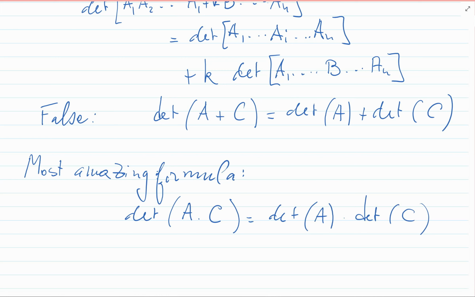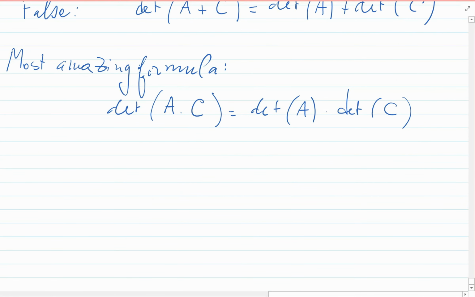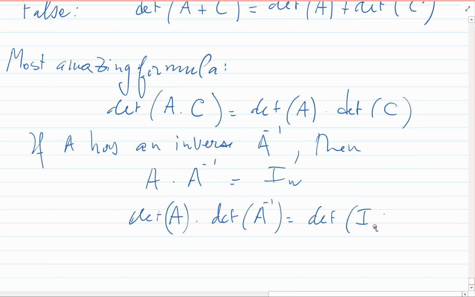Also, what we saw before, and we'll see it again here, is that if A has an inverse, A inverse, then what do we know? We know that A times A inverse gives us In, and therefore the determinant of A times the determinant of A inverse equals the determinant of In, which is 1.